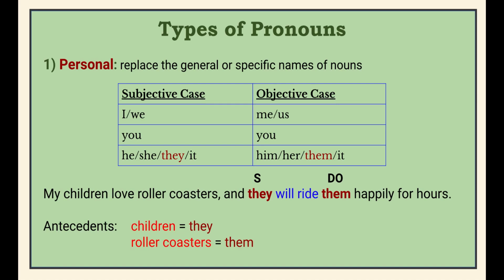The pronoun they acts as the subject of the verb will ride, so it is in the subjective case. The pronoun them acts as a direct object, receiving the action of the verb will ride, and so the objective case is used. As you look for pronouns, identifying verbs and their types will help you identify the pronouns and their functions.